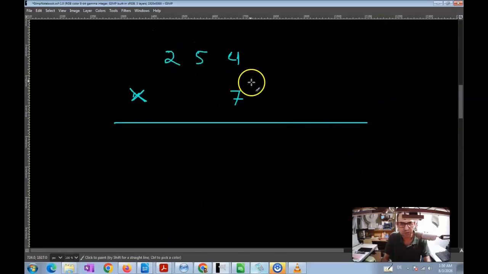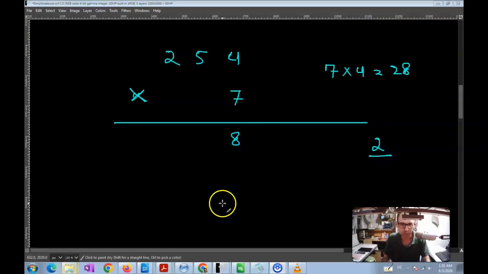Now I'm just simply saying what is 7 times 4, and that's equal to 28. Now I'm going to write the 8 over here, and I'm going to keep the 2 over here. So this part of the calculation is done, right?